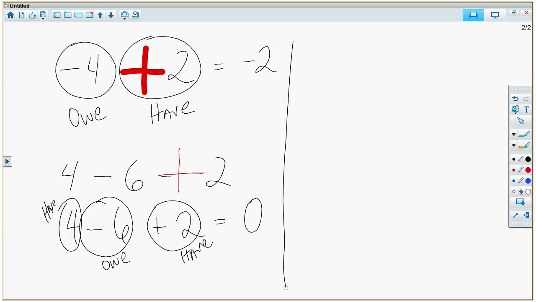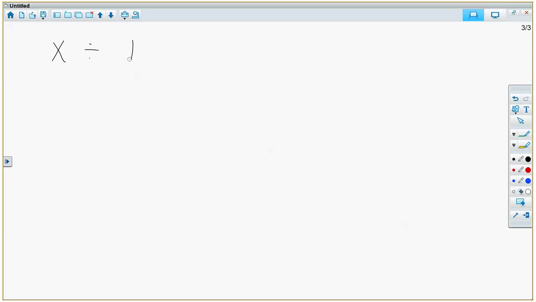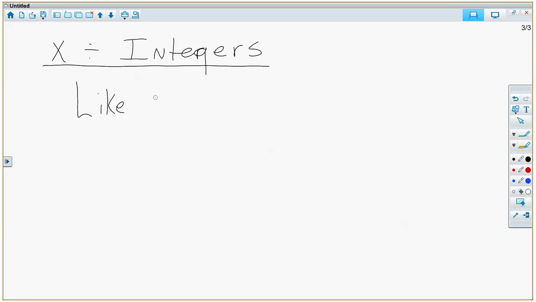Well, that's pretty simple. Why is that simple? Because with multiplication and division of integers, all you have to remember is the two rules. Like or what? Positive. Unlike is what? Negative.